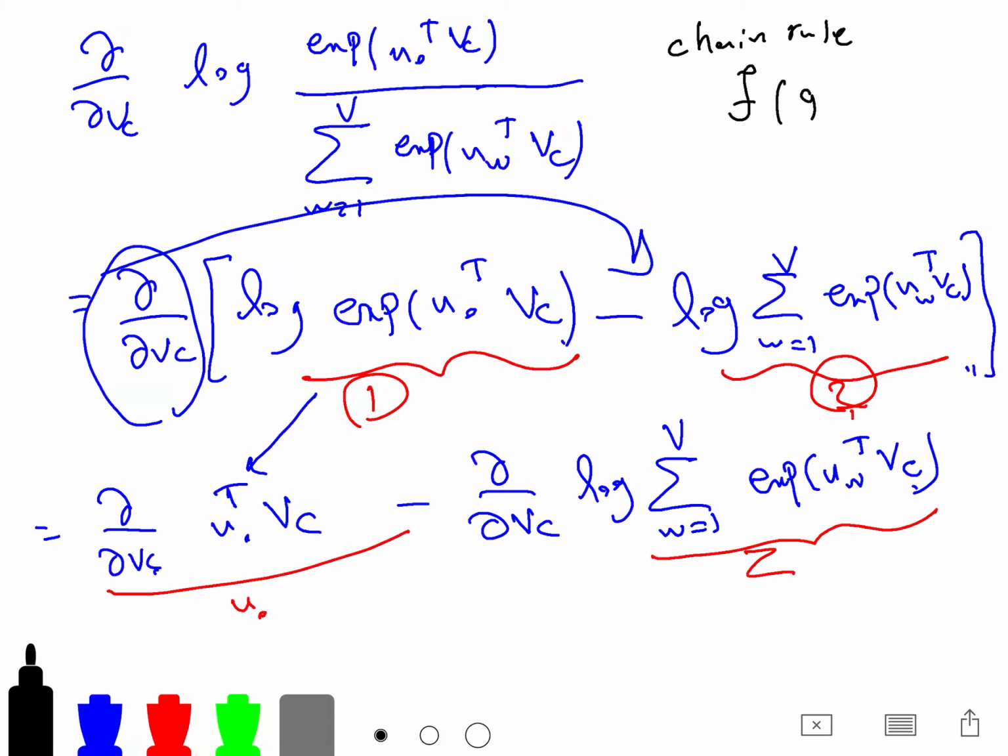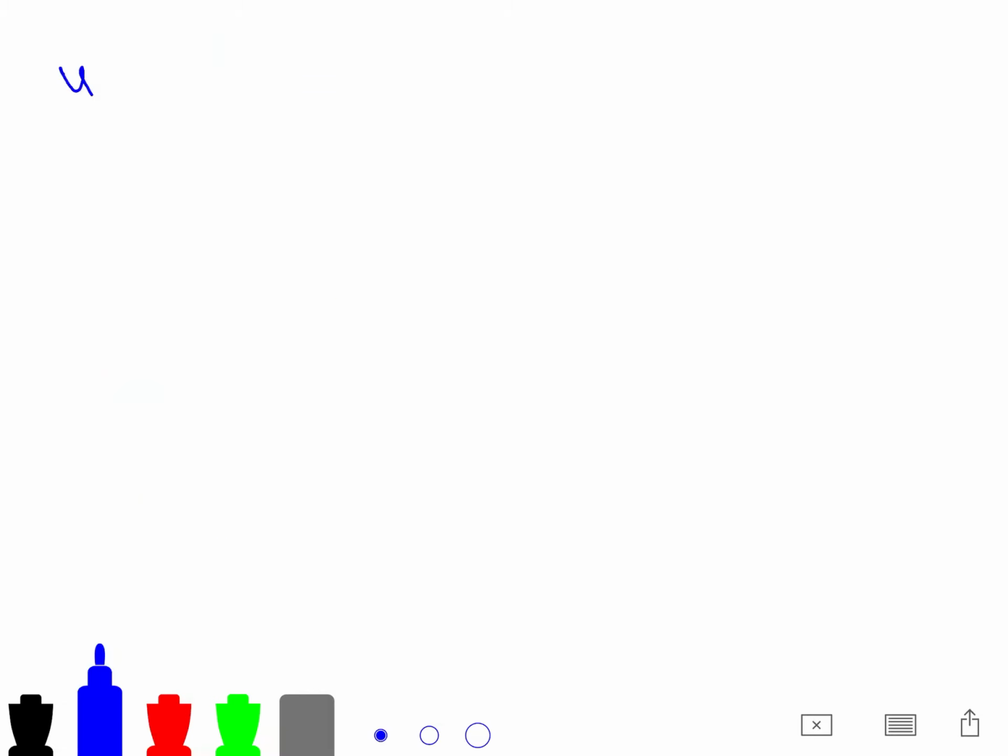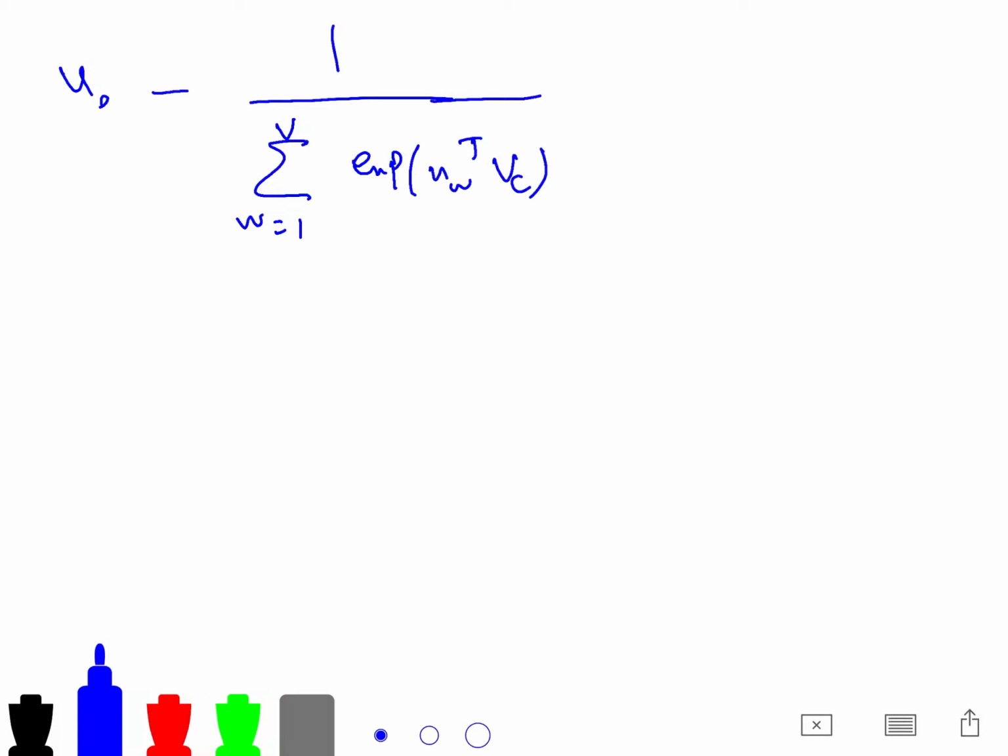For example, you want to know f of g of u. So if we call it Z, we can use the chain rule for this. I simplify that because it's elementary mathematics. E to the UW transpose VC over the sum over x from 1 to V of e to the UX transpose VC, times UX.